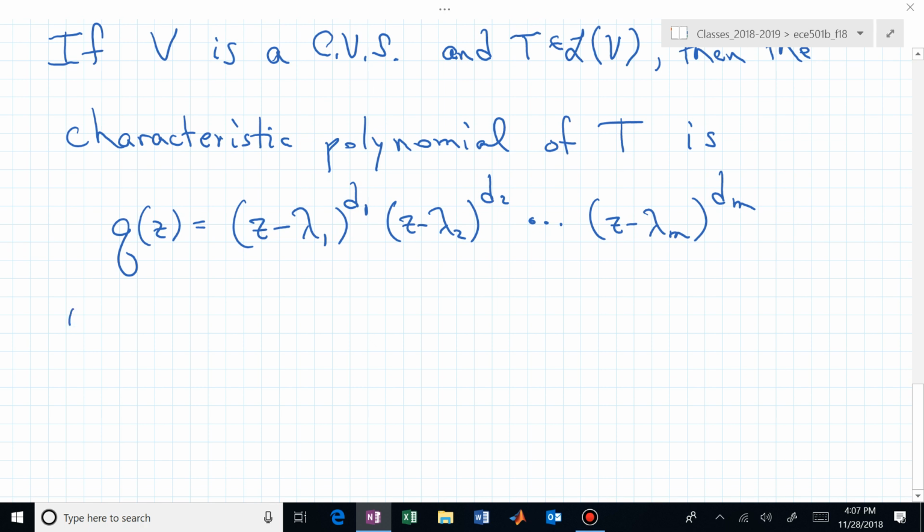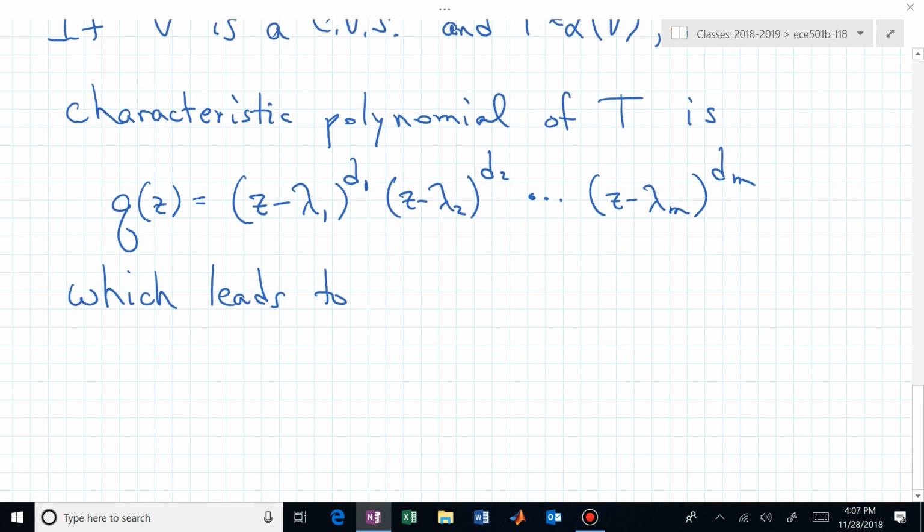And that actually leads to, based on the Cayley-Hamilton theorem that we talked about last time, if we now use that linear operator as the argument of this polynomial Q, we can have this operator as a polynomial operator.